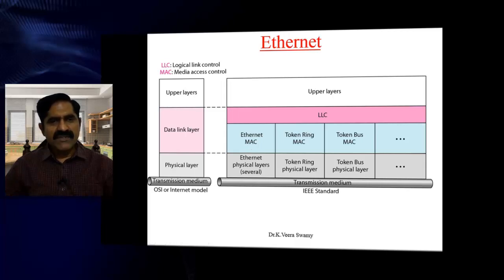It gives the solution for accessing the channel so that one can communicate with others. The name itself indicates who will access the medium. That is our basic idea in Ethernet.